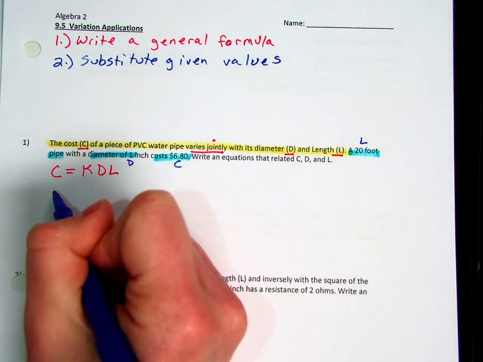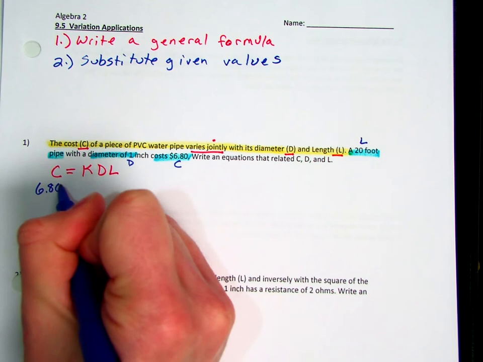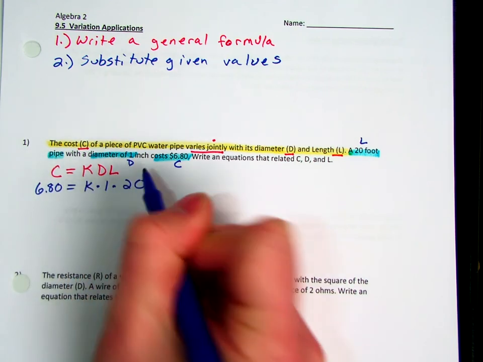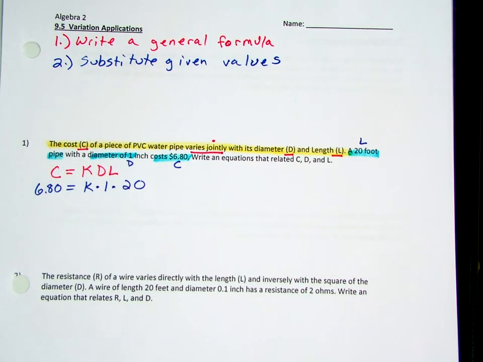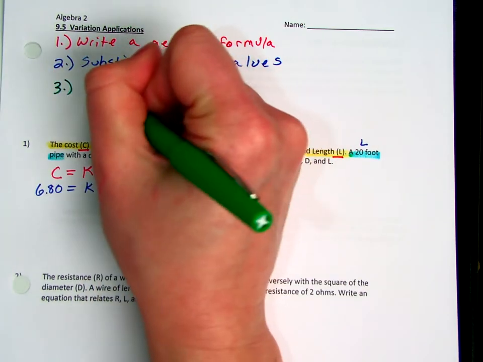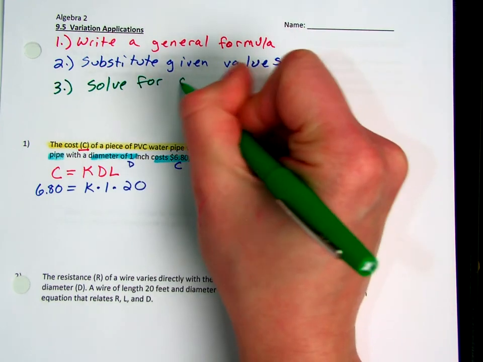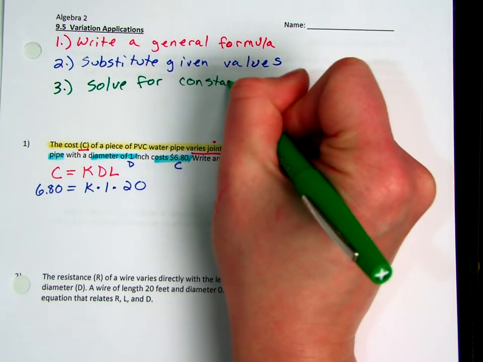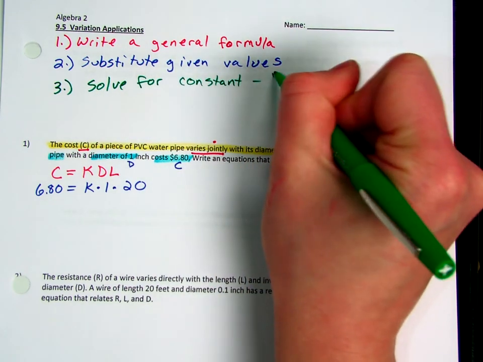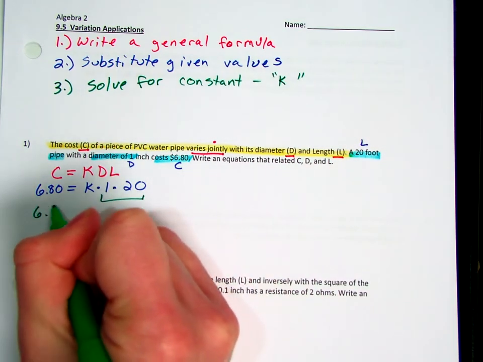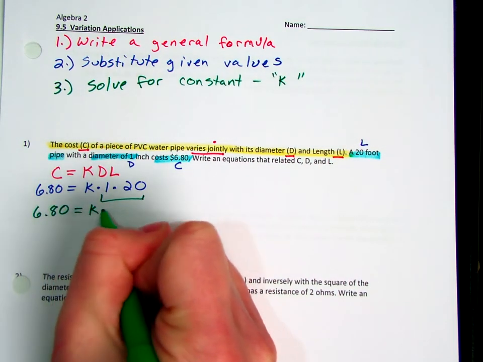In this case, that would be $6.80 equals K times 1 times 20. Now that I've got that substituted in, the goal is to find our constant K. So step 3 is to solve for the constant K. I'd multiply 1 times 20, so I have 6.80 equals K times 20.